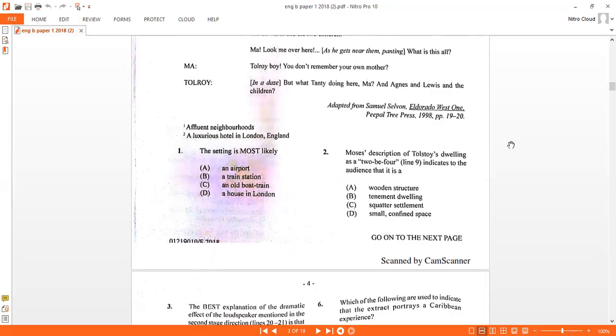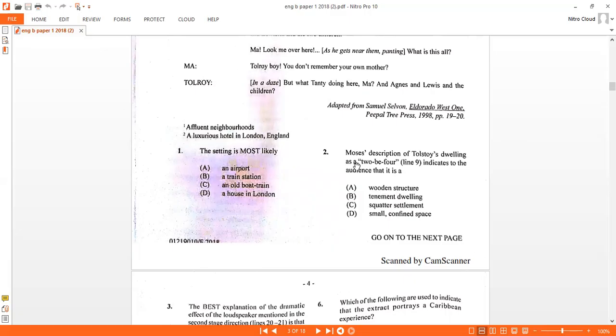Number 2, Moses' description of Tolroy's dwelling as a 2x4, line 9, indicates to the audience that it is a... Now, there are 4 options again: A, a wooden structure; B, tenement dwelling; C, squatter settlement; and D, small confined space.